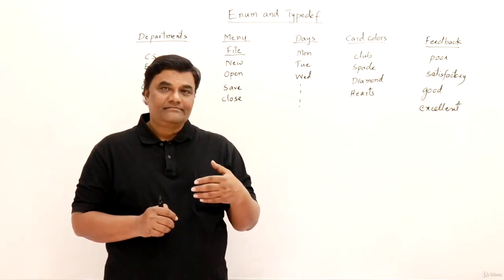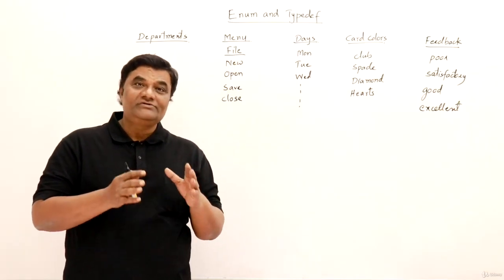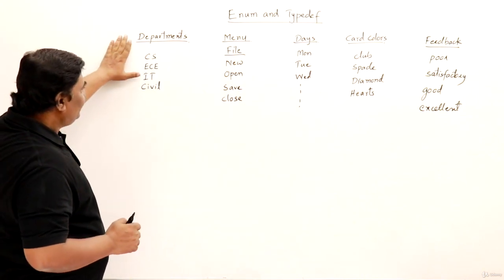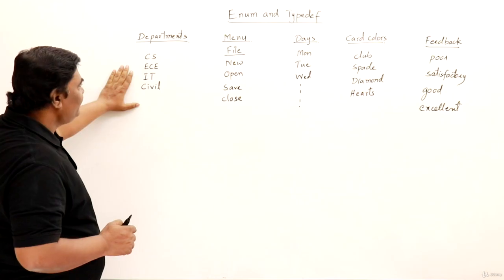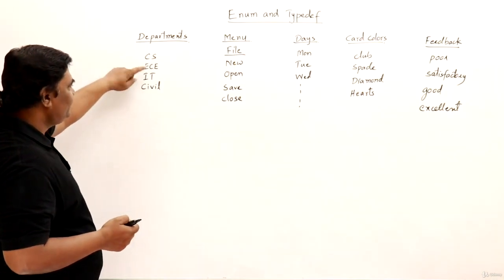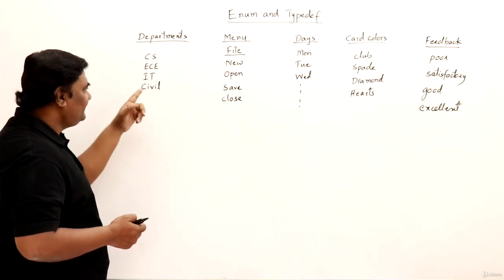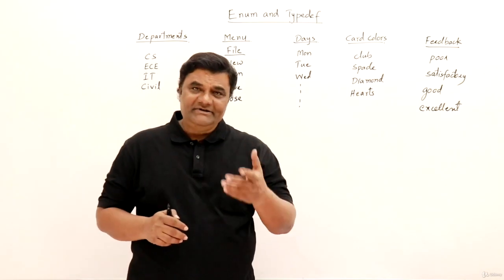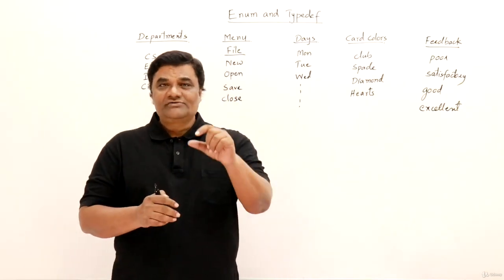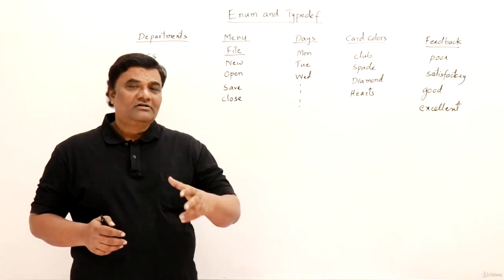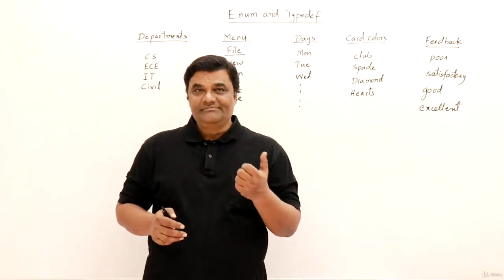So let us see examples where we can use enum. First example: in your program, you are using department names like computer science, electronics and communication engineering, information technology and civil engineering. A student belongs to which department you want to check, or you want to store the information, or an employee or a faculty belongs to which department.